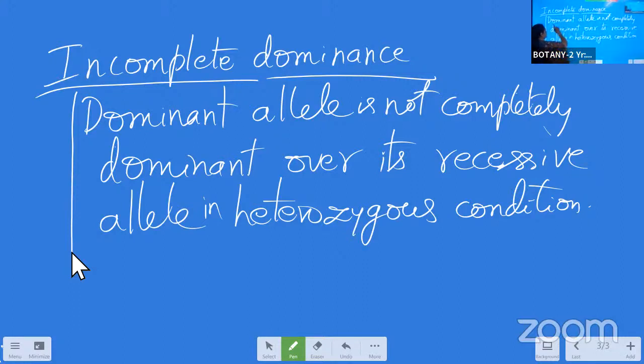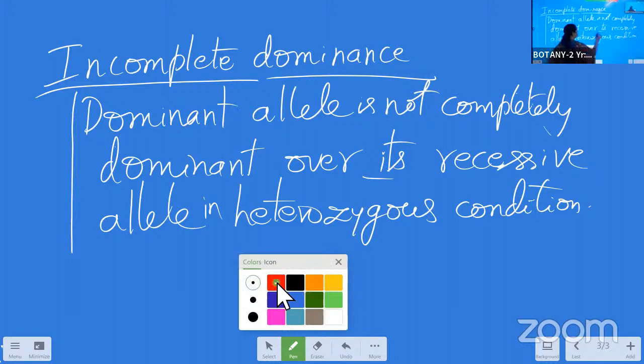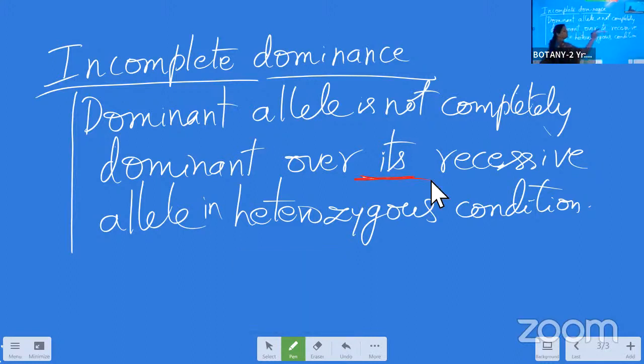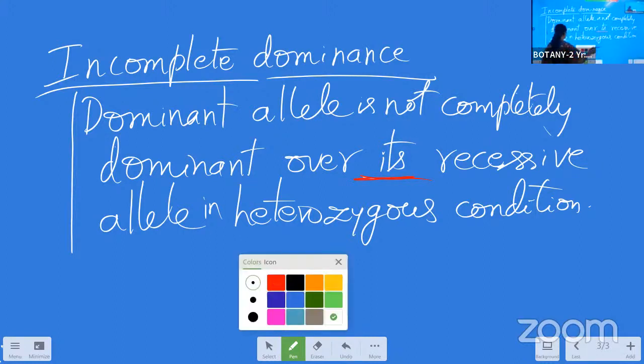So what is the incomplete dominance definition? What can we say in a very easy method? Dominant allele is not completely dominant over its recessive allele. This word makes much more meaning here: its recessive allele. Without that, the sentence is not properly written.